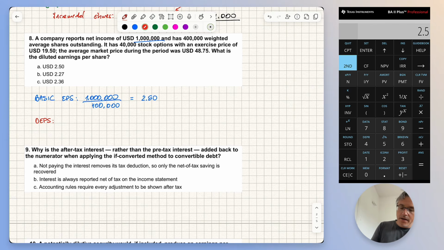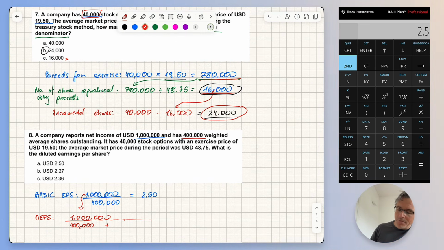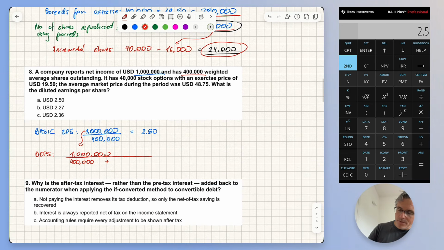And now for the diluted EPS. We take the net income that the company already has. We make no adjustment to net income because the exercise of options doesn't provide any economies in terms of net income available to ordinary shareholders, but it does increase the number of shares. So the existing number, 400,000, the starting point of the denominator, gets increased by those incremental shares that we had in the previous question.